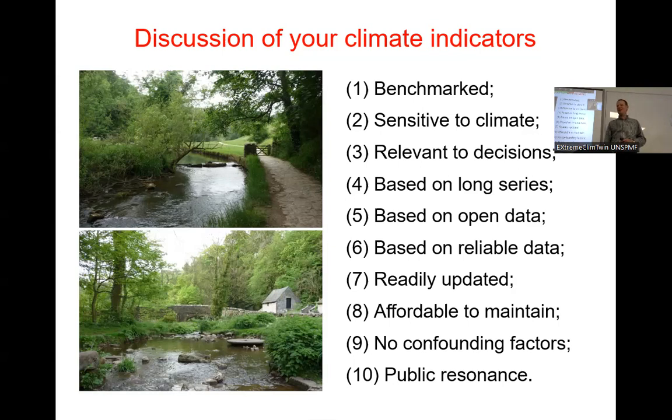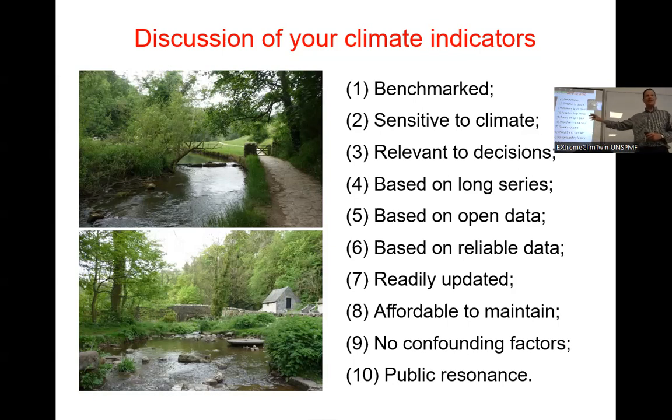Well, I'm actually kind of pleased to hear that, because that's one of the key messages from today: there is no such thing as a perfect climate change indicator. It's virtually impossible to address all of these criteria simultaneously. And these are just my personal reflections on the criteria.